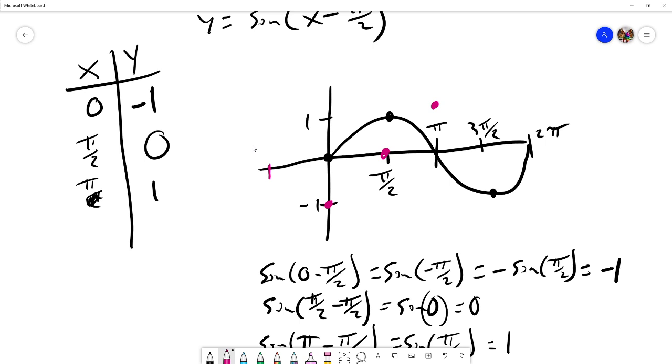If we plug in 3 pi over 2 for x, we get 3 pi over 2 minus pi over 2, which is sine of pi. Sine of pi is 0, so that means we have to be down here. And then we just continue, so over here. So we get this as our graph.